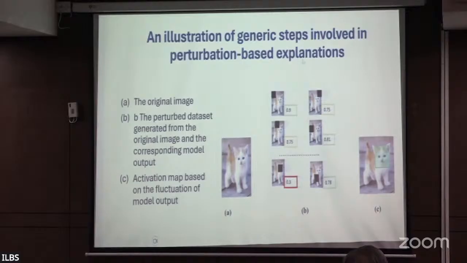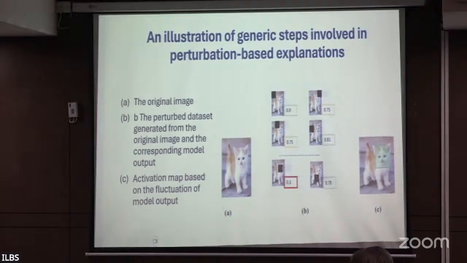Take the problem of identifying a cat or dog in a set of input images. I have taken this simple example to understand the process. In the image, we skip some portion of the image, and we give all these deformed images to the model for prediction, and each image will have a prediction probability.